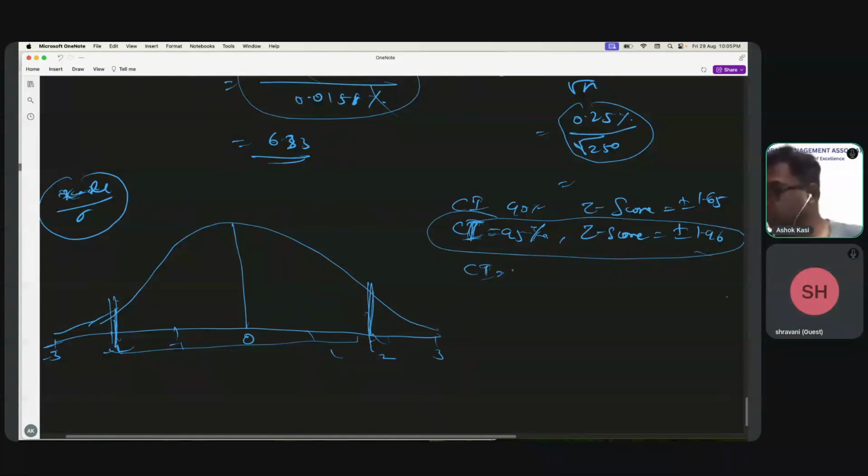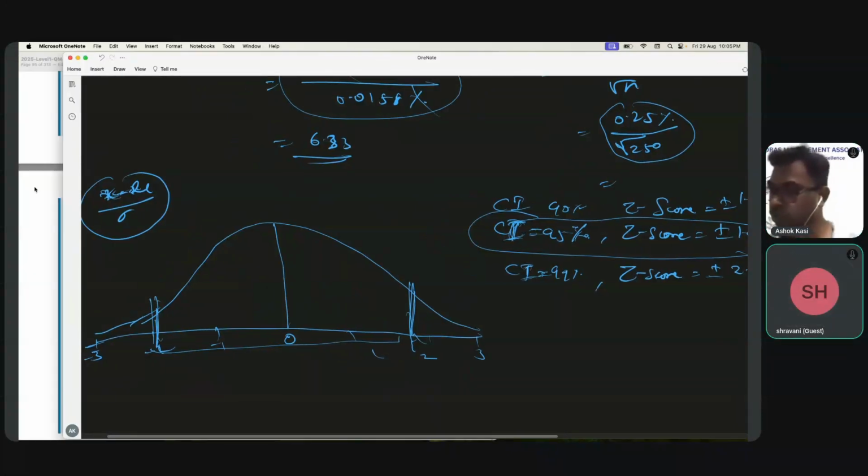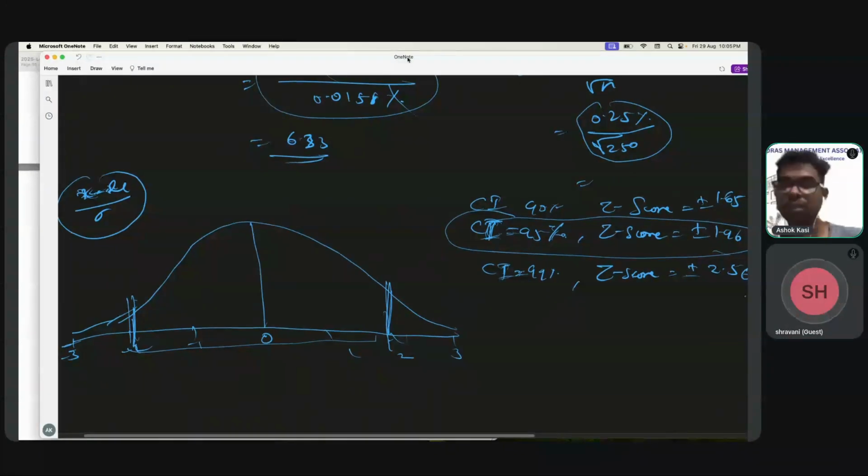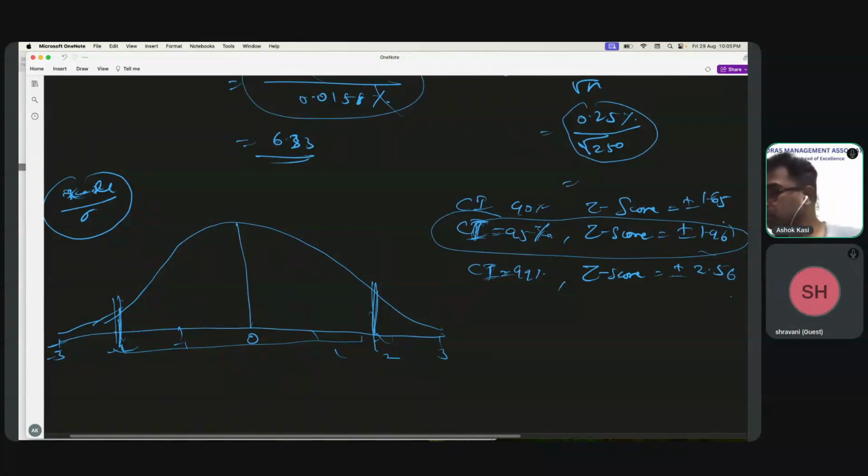For 99%, the z-score is plus or minus 2.56. But remember this one only: 1.96 is for 95%. So this is the critical value, 1.96 and minus 1.96.